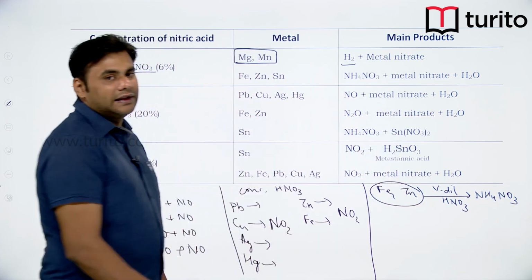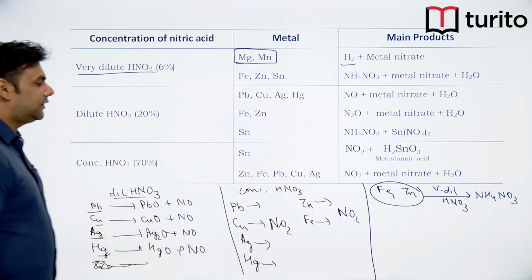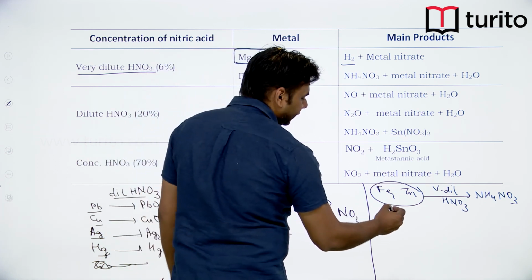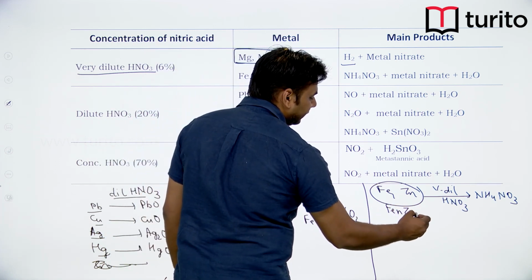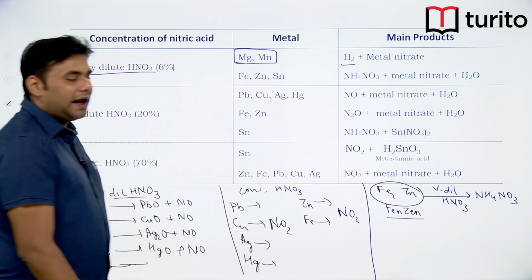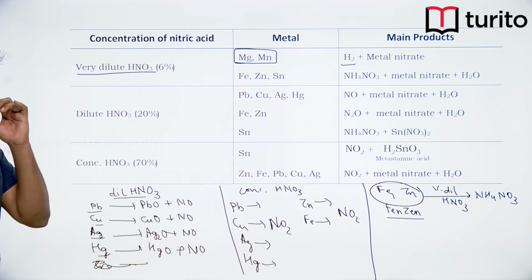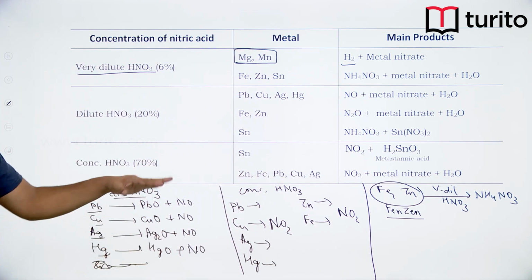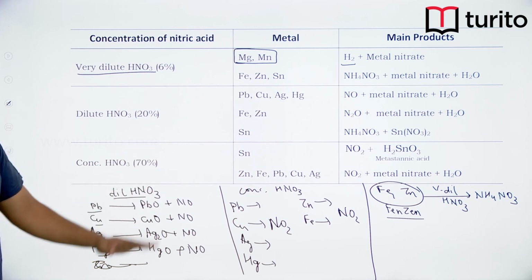We can remember this as Fenzen, iron and zinc, Fe and Zn. Fenzen means iron and zinc both have the same type of reaction.